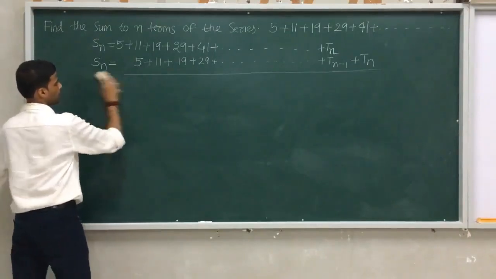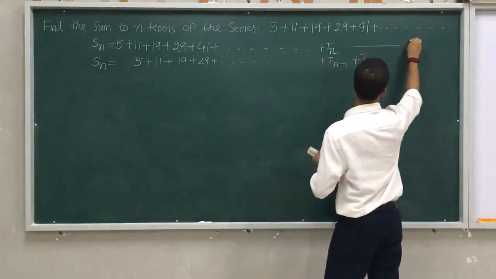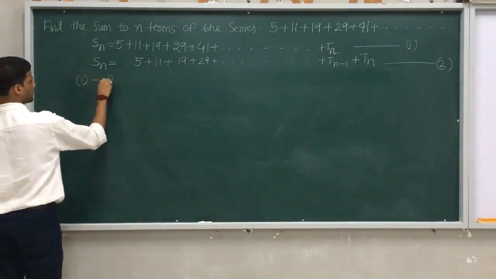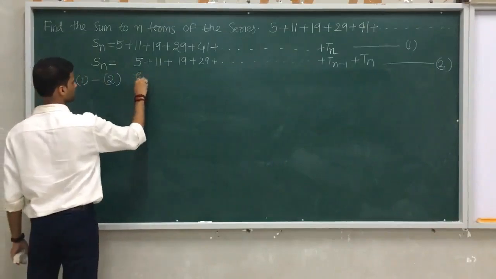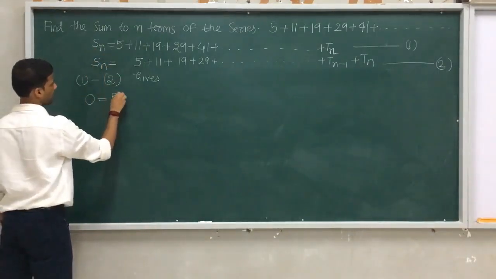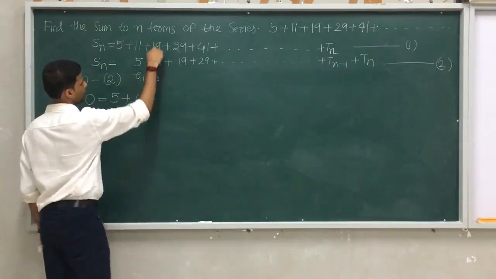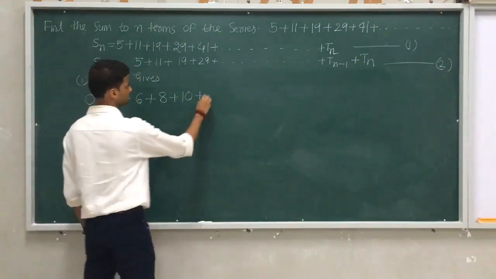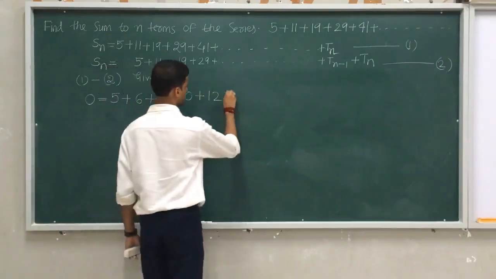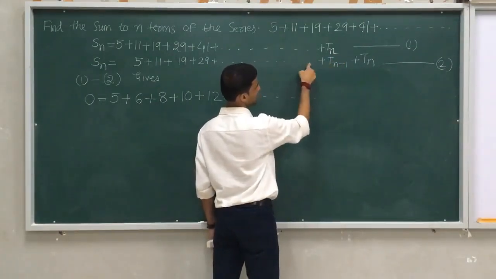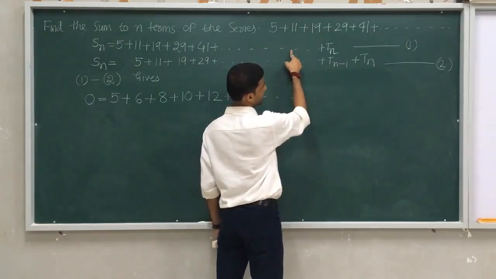Write them as 1 and 2, and subtract 2 from 1. So Sn minus Sn gives 0, which is equal to 5. Then 11 minus 5 is 6, then 8, 10, 12. The Tn minus 1 terms cancel with the previous terms, the Tn minus 2 terms cancel, and you are left with the term Tn.